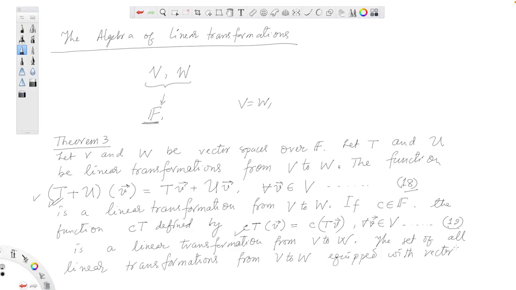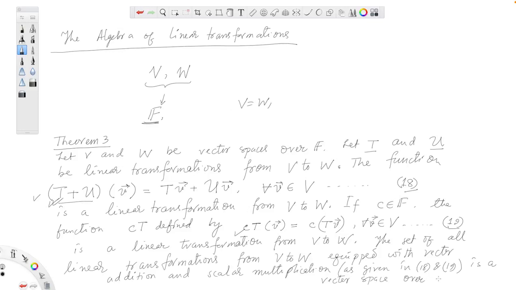So now the vectors in this vector space will be these functions, okay, equipped with vector addition and scalar multiplication as given in 18 and 19 is a vector space over the same ground field F. Okay, so this is theorem 3. So I'll sketch the proof of this theorem now.